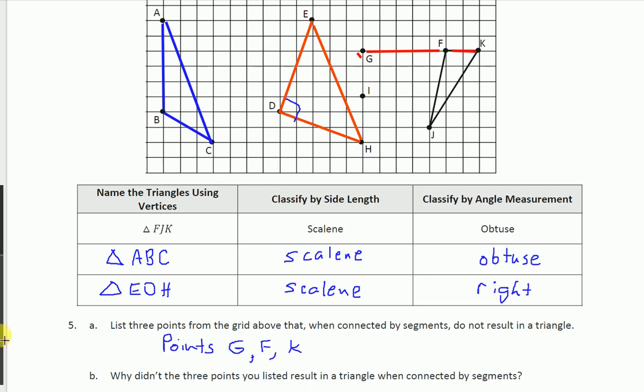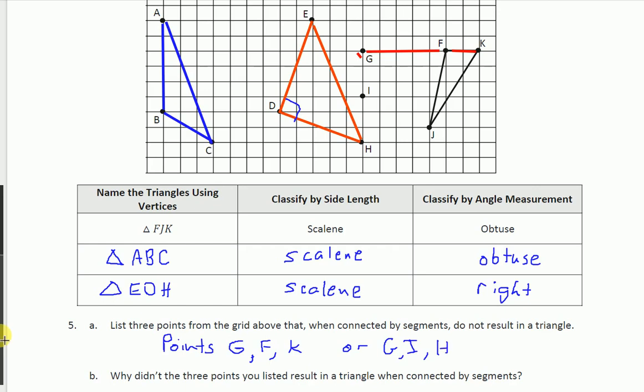Also, I could do G, I, and H, and those also work. Either one of those.